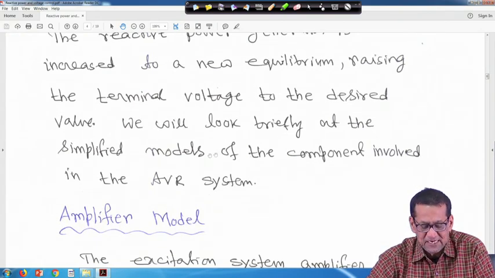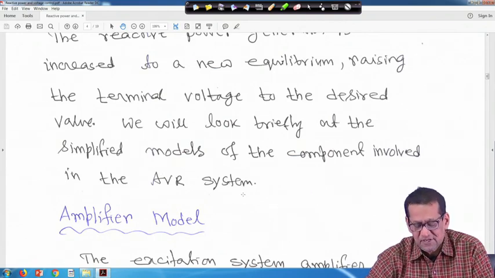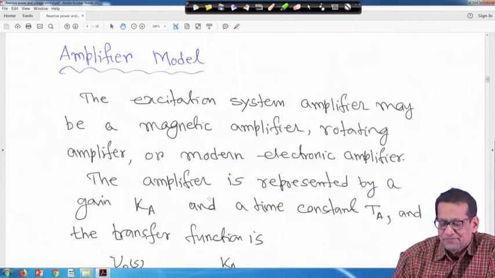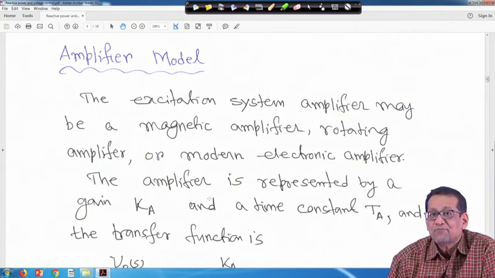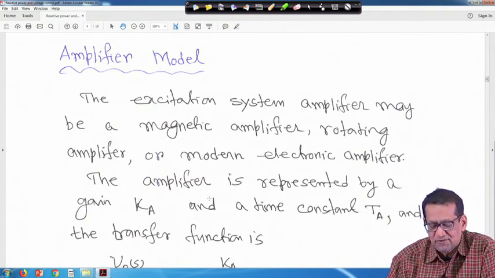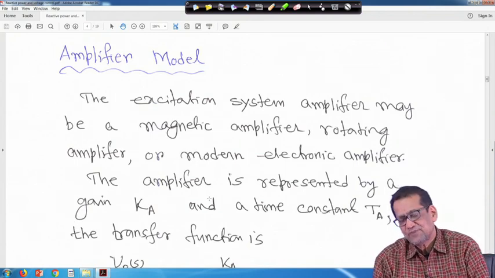We will look briefly at the simplified models of the components involved in the AVR system. Basically our objective is a little bit of control modeling. First we will see the amplifier model. The excitation system amplifier may be a magnetic amplifier, rotating amplifier or modern electronic amplifier, the last one being preferable.